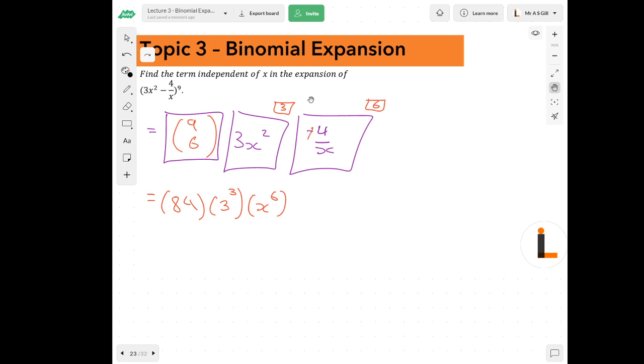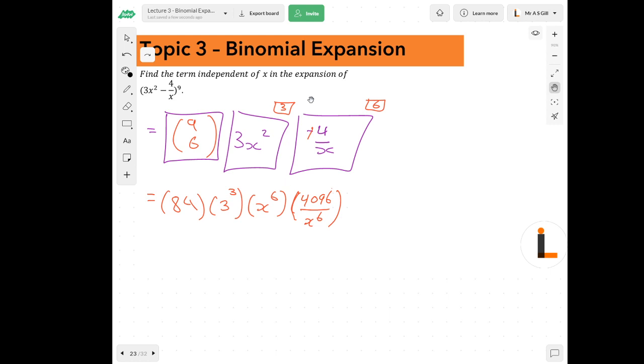So that will disappear. So we've got 4 to the 6, which is going to give us 4096 over x to the 6. Let's just make this bracket. Over x to the 6, right? I'll just make this a bit neater. So now you can see our x terms will cancel. We now have a term that is independent of x, okay?